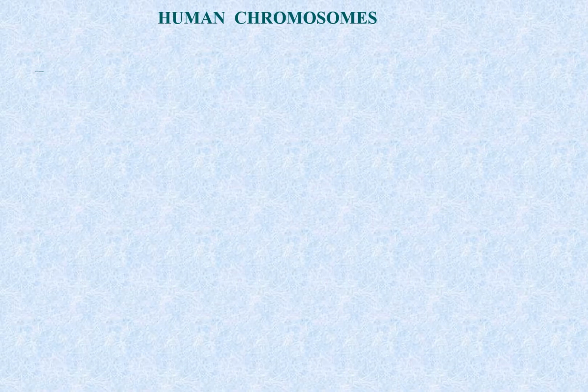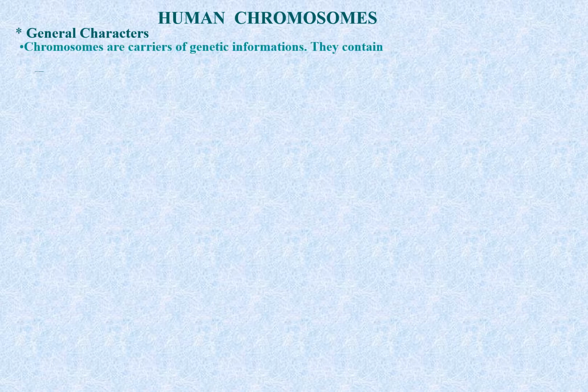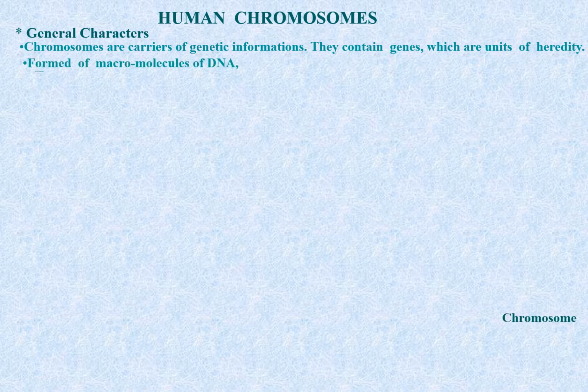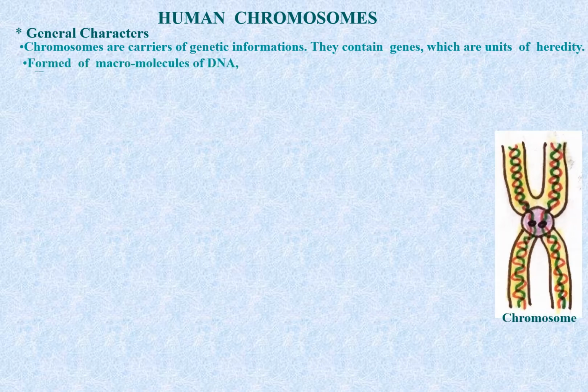Human chromosomes, general characters. Chromosomes are the carriers of genetic information, as they contain the genes, which are the units of heredity. Chromosomes are formed of macromolecules of DNA in the form of two strands twisted on each other to form a double helix.